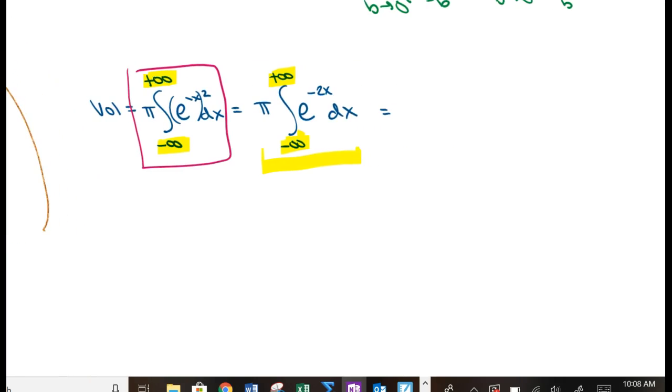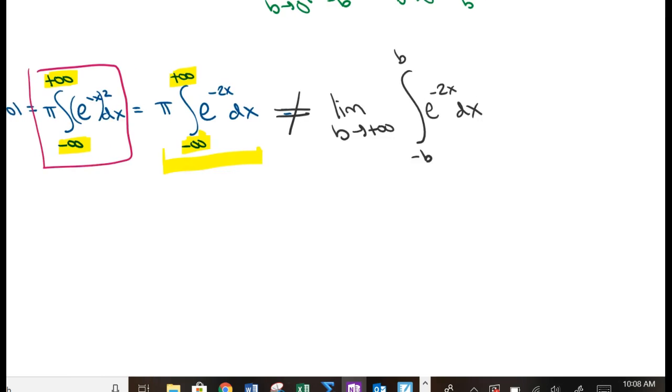I cannot do this. You may not do this. I know some of you are thinking this. You may not say the limit as b approaches positive infinity of the definite integral from negative b to positive b of e to the negative 2x dx. I know you want to do that, but you may not do this.